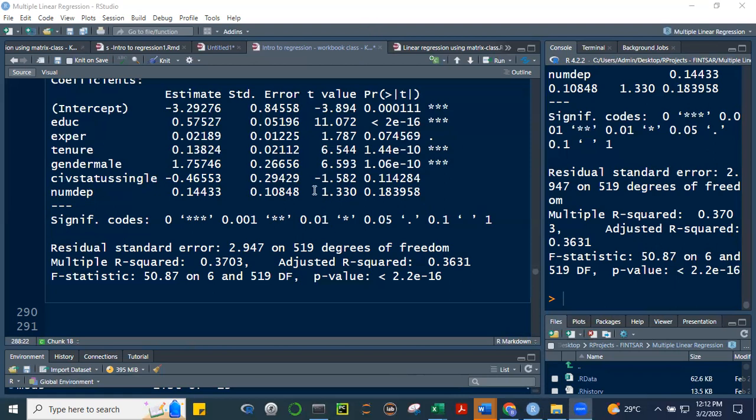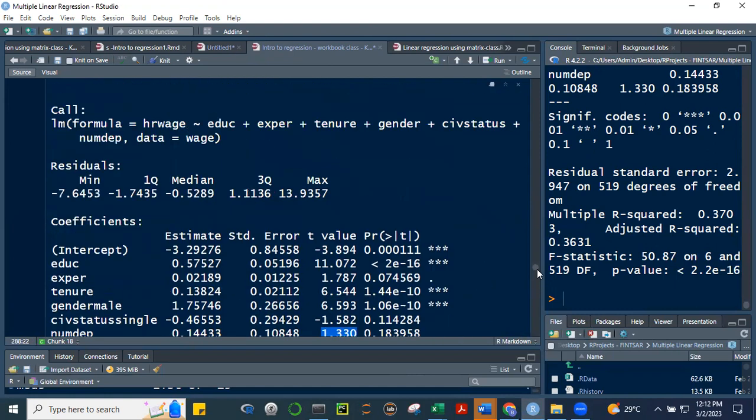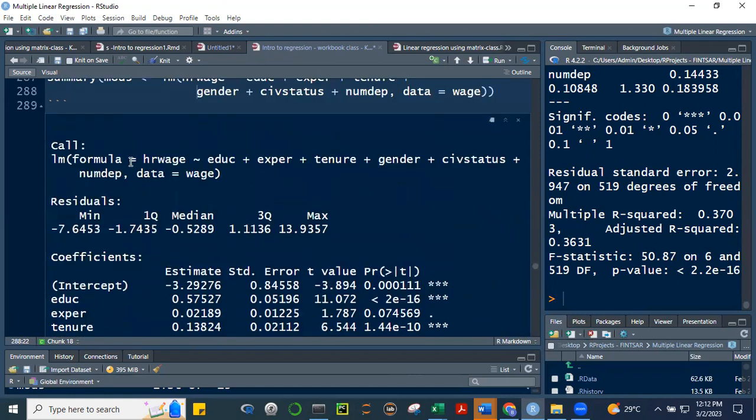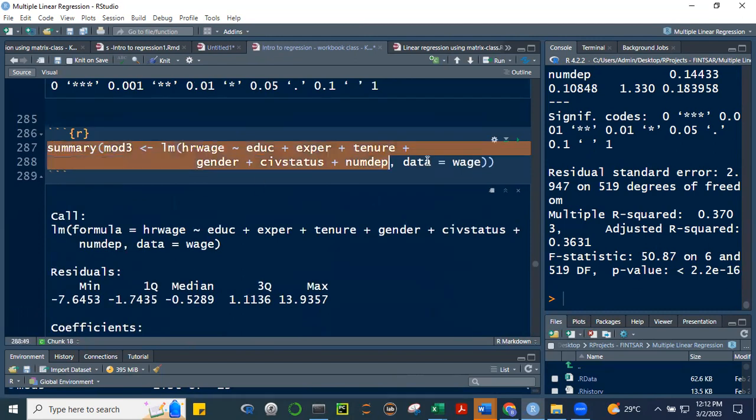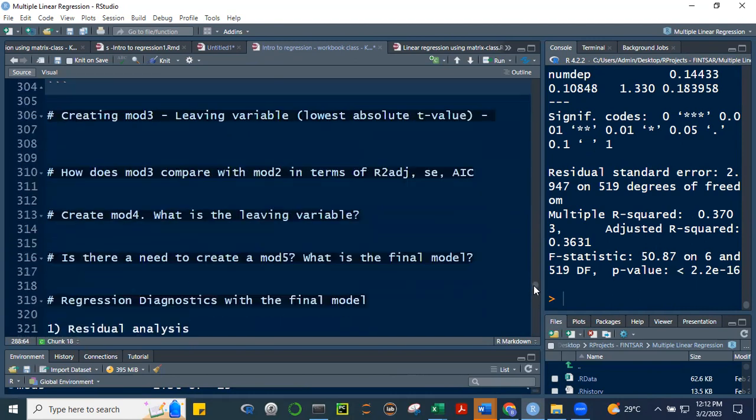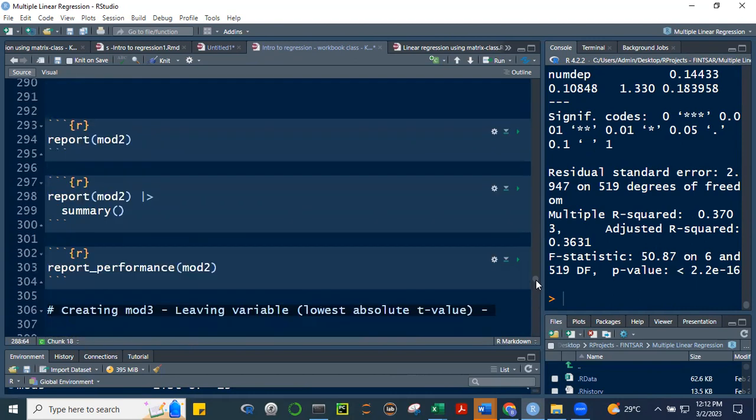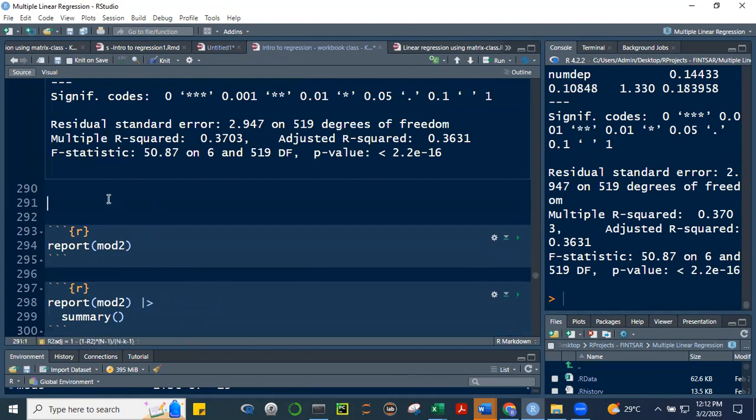You're correct. Tama, no? Kasi, yan, lowest absolute t-value. All right, so tatanggalin natin si number of dependents. Okay, let's copy this. Let's copy now our model. Control C. Sa ilalim. Okay, I hope you're taking notes na kung sino yung leaving variable.